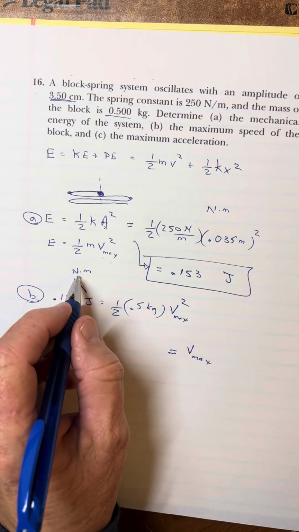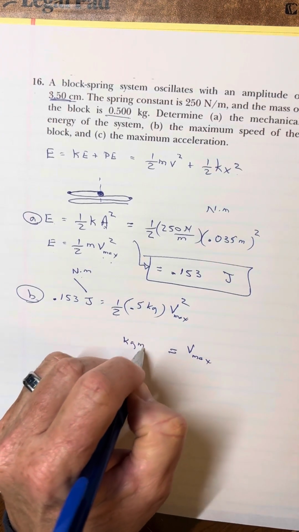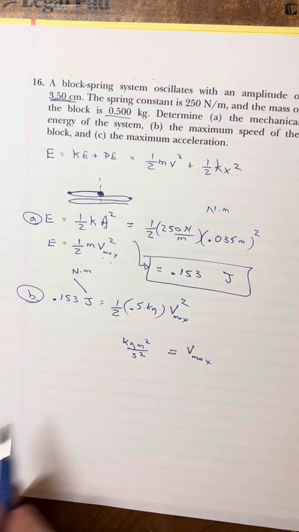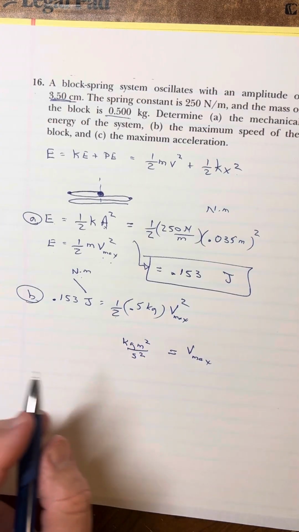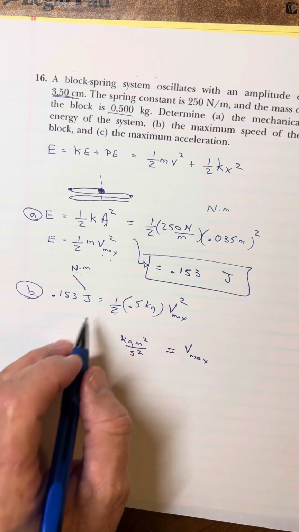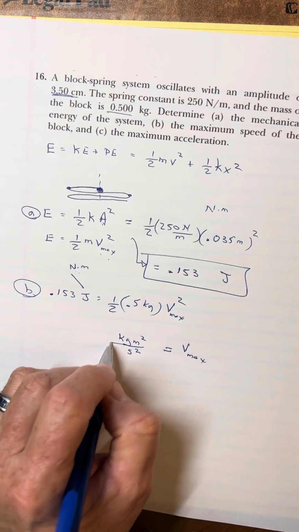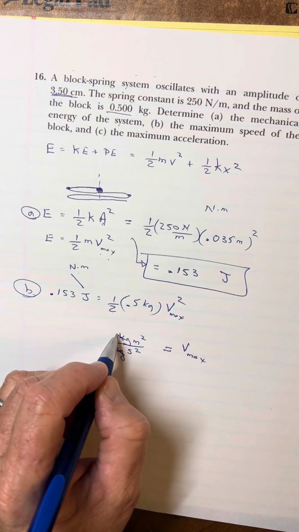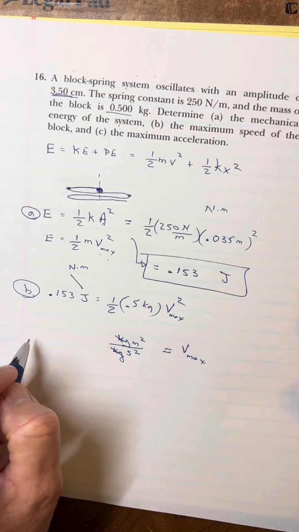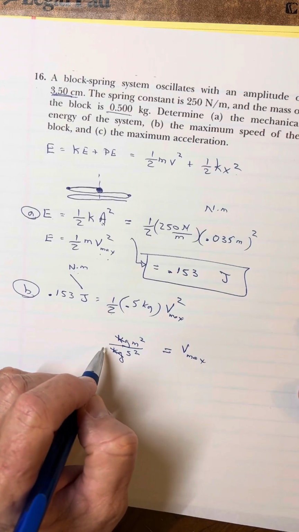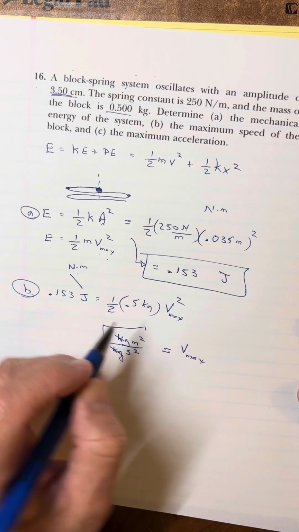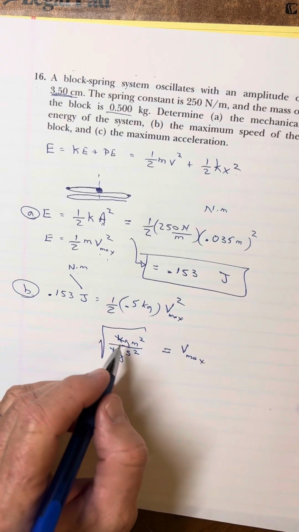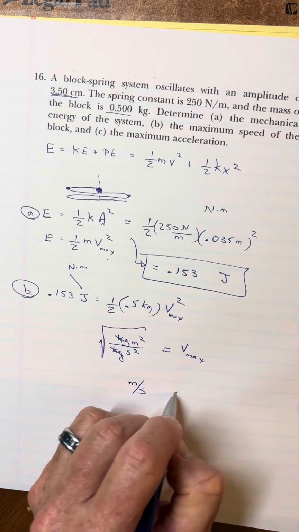Then I'm going to think of the newton as a kilogram meter per second squared, so that when I multiply by the meter, I get the total units for a joule. And then, of course, I'm dividing by this 1/2 kilogram, so unit-wise, that'll go away. Then, of course, I'm taking a square root to get velocity maximum by itself, and that's going to leave me with meters per second.